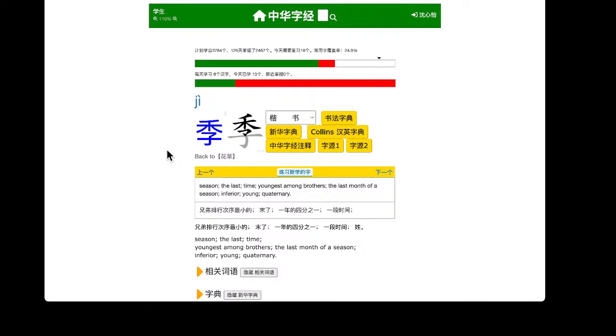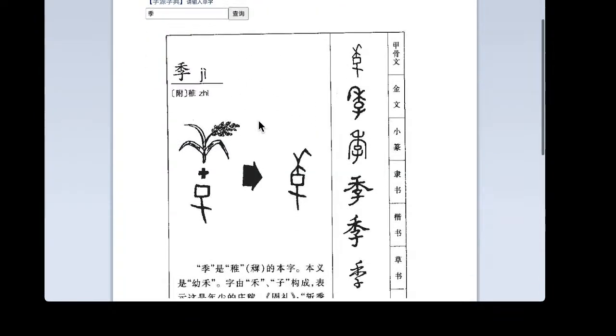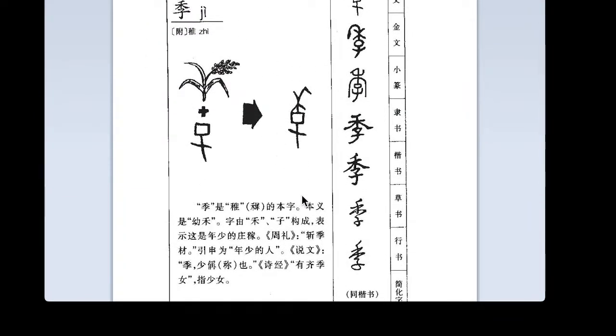If you placed into 4th position, then you don't get a medal. So okay, this is 季. Take a look at that. So this one, you can see the original meaning is young crop.